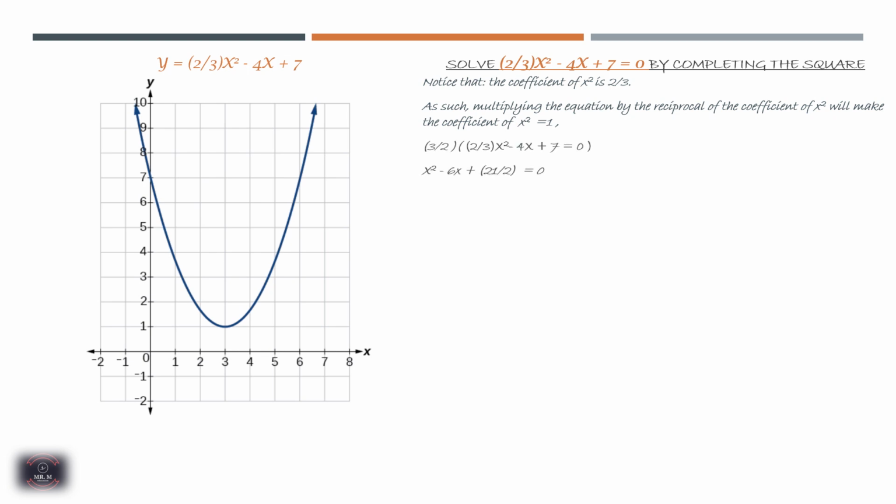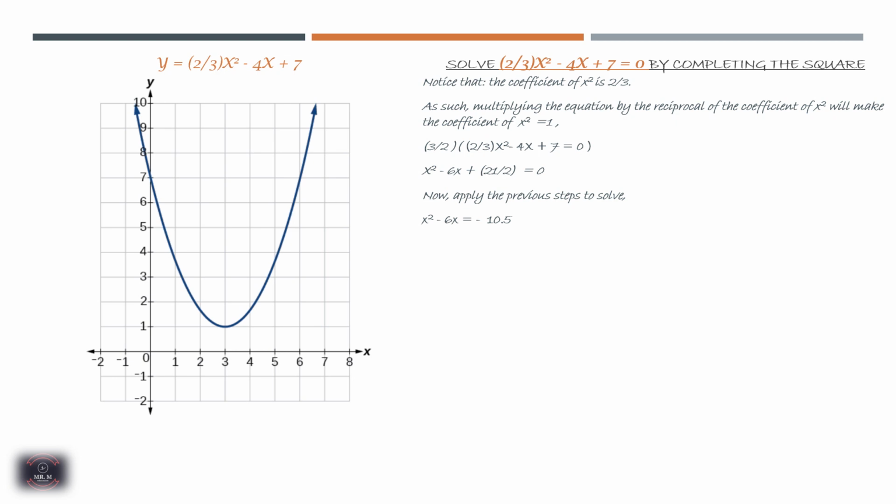This results in the equation being x squared minus 6x plus 21 out of 2 equal to 0. Since 21 divided by 2 is equal to 10.5, the equation becomes x squared minus 6x plus 10.5 equal to 0.